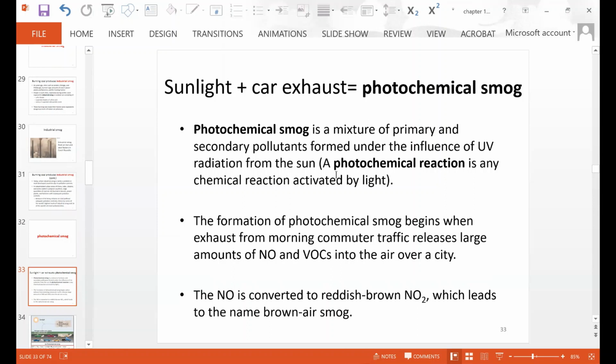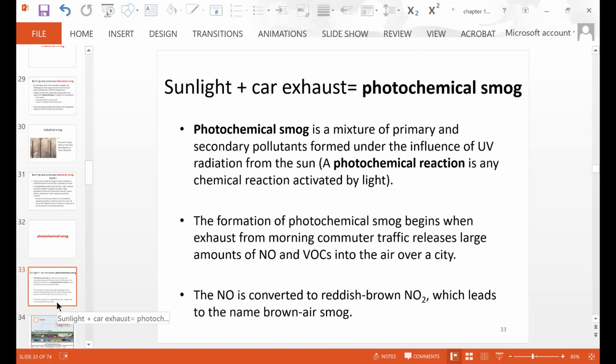So the formation of photochemical smog begins when exhaust from the morning commute from all the traffic releases large amounts of NO and VOCs into the air over a city. And then the NO is converted to reddish-brown nitrogen dioxide, which leads to the name brown air smog. So you'll see sometimes a pinkish hue in the air just over a city.